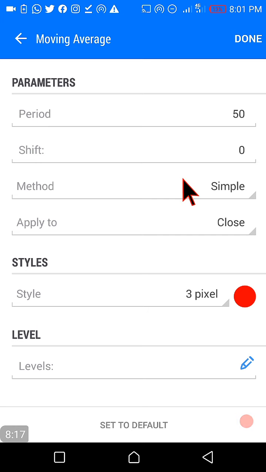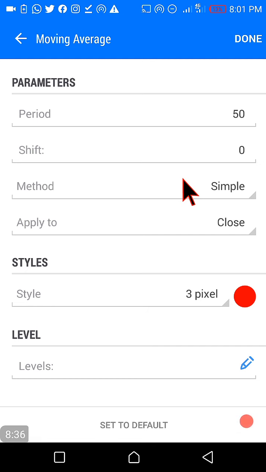So the value is going to be the close value on the candlestick. It's not going to take the high value, it's not going to take the low value, it's not going to take the open value. It will focus on the value of the close, and that is what it's going to use to calculate the moving average.